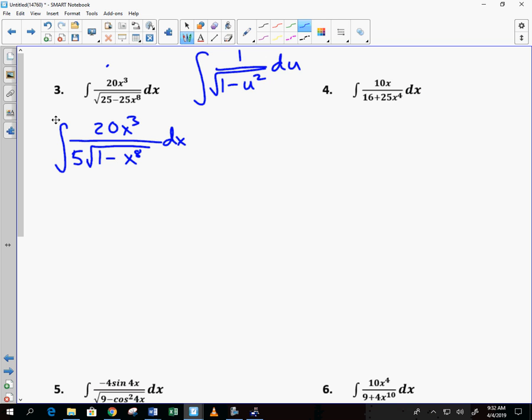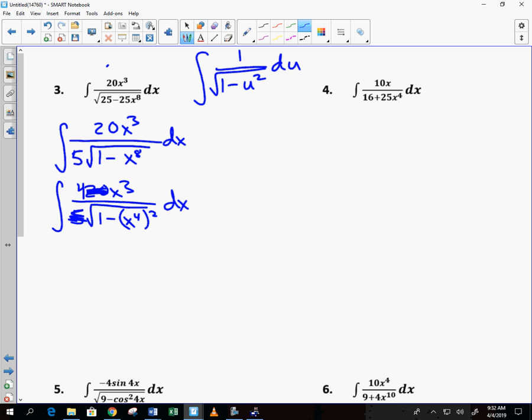Good. Let's realize that we have an x to the 4th squared. So 20x cubed over 5 roots of 1 minus x to the 4th squared dx. Let's simplify that. 20 over 5 is going to become just 4x cubed.